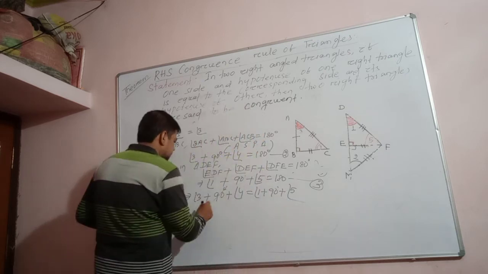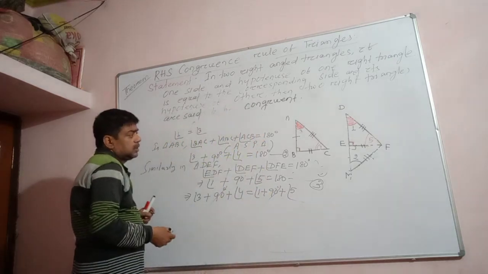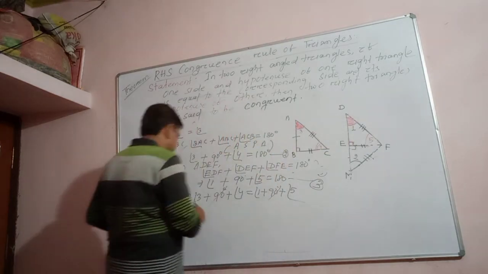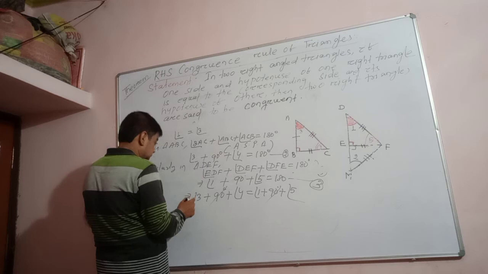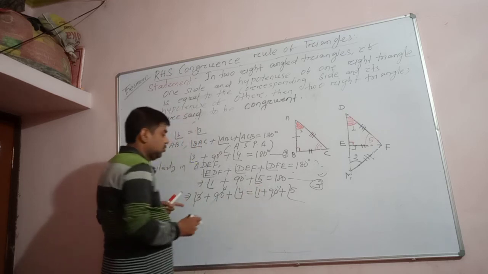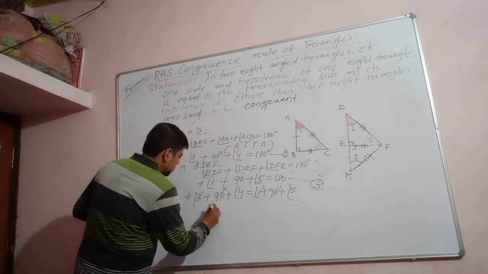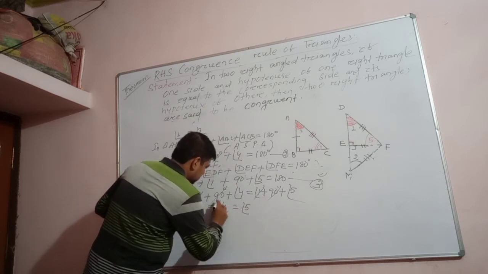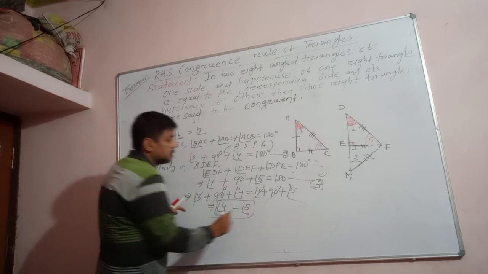So 90 cancel. Since 1 angle is equal to 3 angle, already you have proved, we can cancel 1 angle, so that implies 4 angle is equal to 5 angle. This is equation number 4.